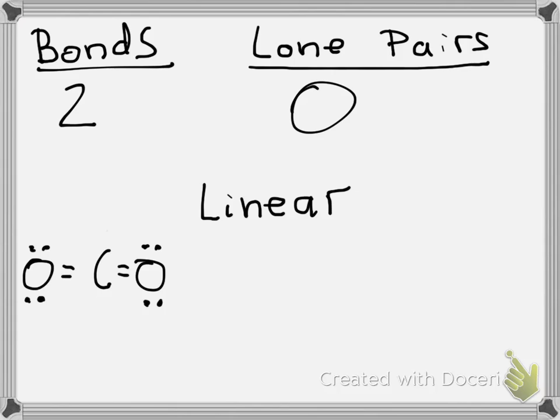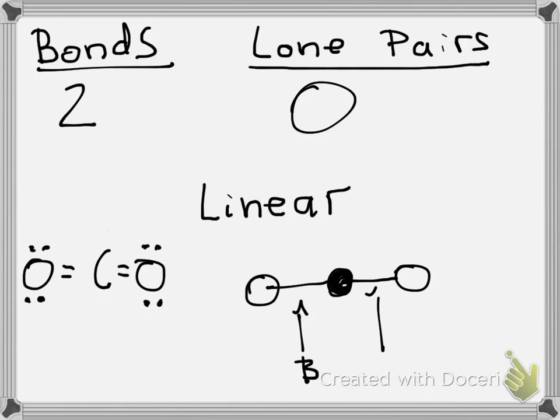And then it has a 3-dimensional shape, which is basically what the VSEPR process provides. Its shape will look like this. So you have one bond here, another bond here, and you have a central atom, and then you have the 2 oxygens right here, and no lone pairs.